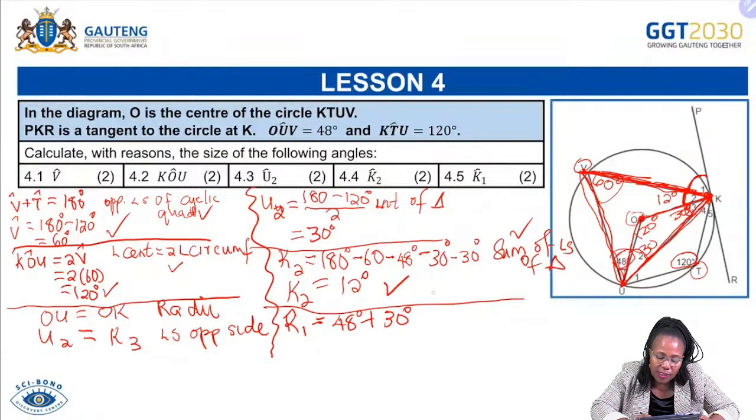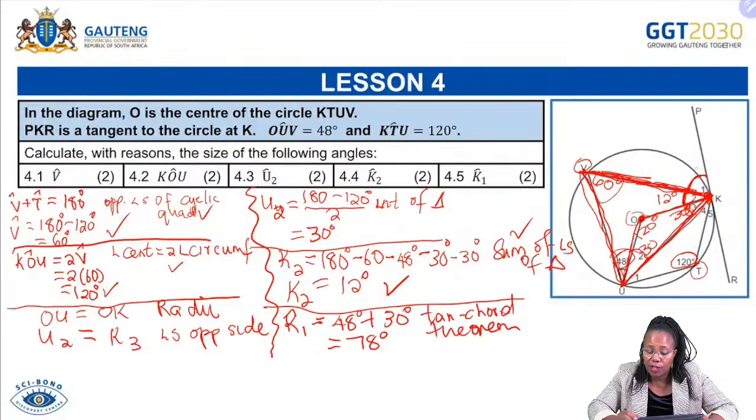Why? Because it's the tan chord theorem application. So this gives us 78 degrees for K1. So that is our first statement and the reason there.